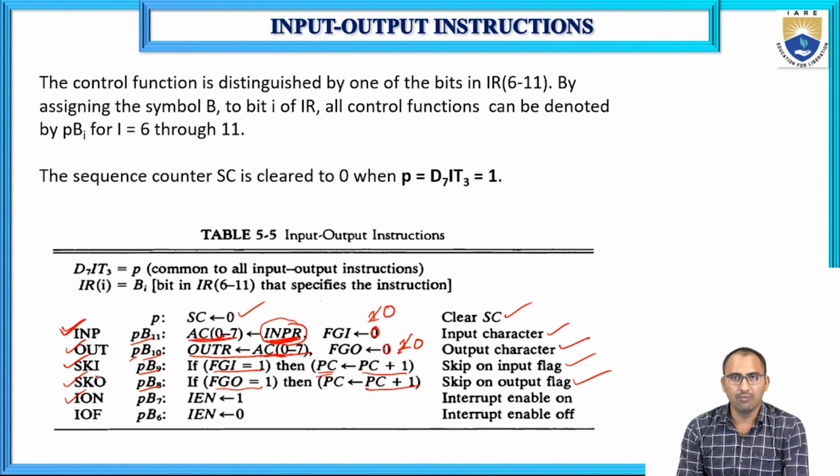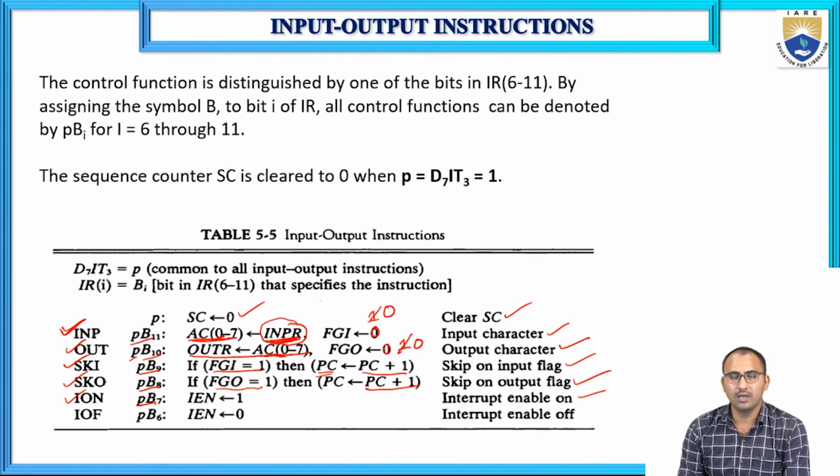Next one, ION, interrupt enable on. This will execute during the PB7 timing signal. So IEN is 1, we are loading 1 into the IEN. By sending 1 to the IEN, interrupt enable, the interrupts will be enabled.